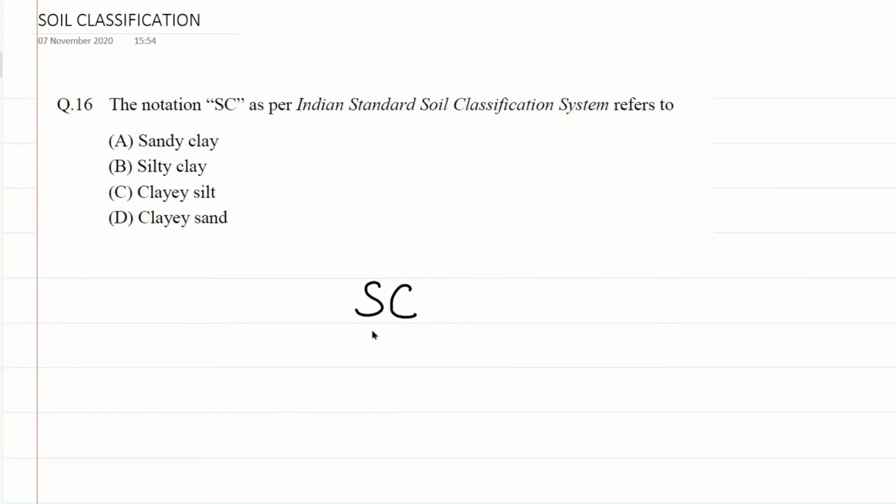So here S indicates sand and C mentions clay. So it's a sand which has a clay content. So it's a clayey sand. So C is an adjective as I told you. So clayey sand is the answer. So D is the answer.